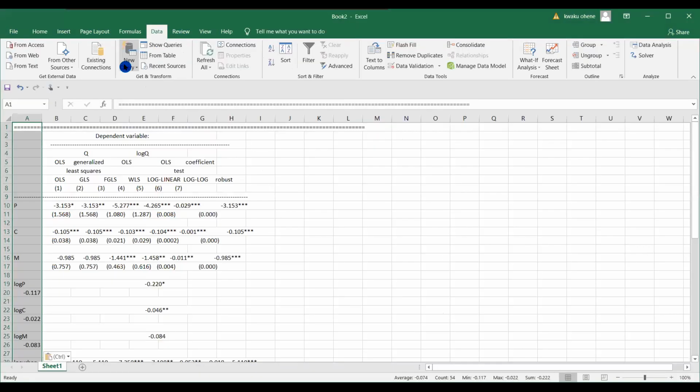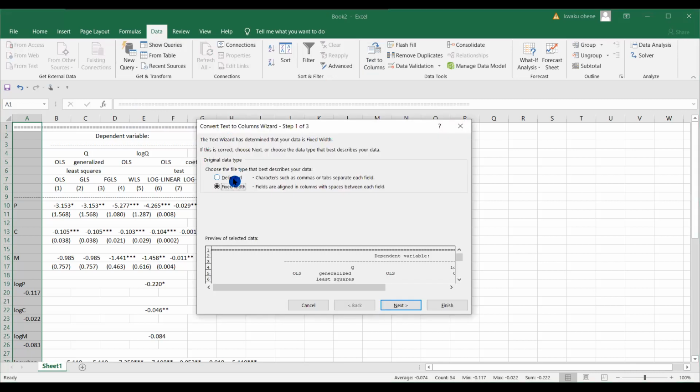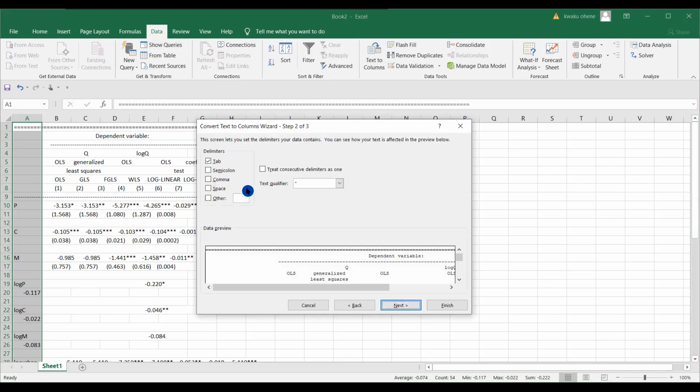When you take it to Excel and you try Data, Text to Columns, let me see how it looks in the space.